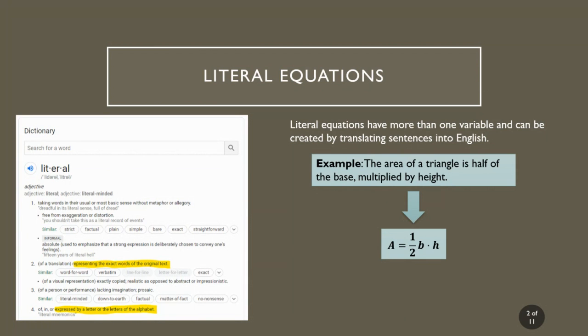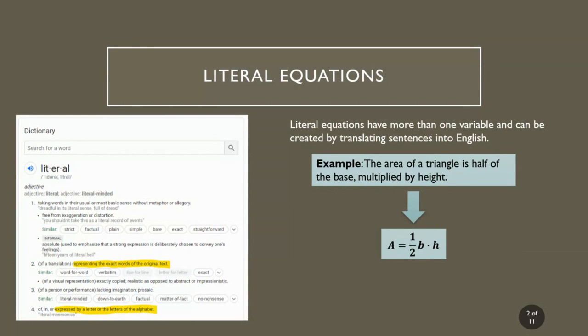You can also create these by directly translating sentences into English, basically a word-for-word translation, which is why I also highlighted representing the exact words of the original text. It's like you're taking some relationship and translating it into mathematics, and you use many variables.